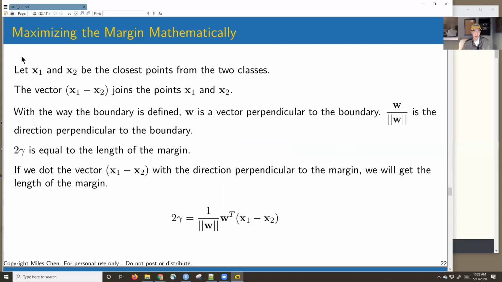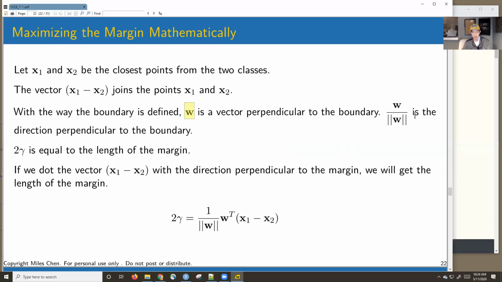So we're going to say, let x1 and x2 be the closest points from the two classes. The vector x1 minus x2 joins the points x1 and x2, and with the way the boundary is defined, w itself is a vector that's perpendicular to the boundary.